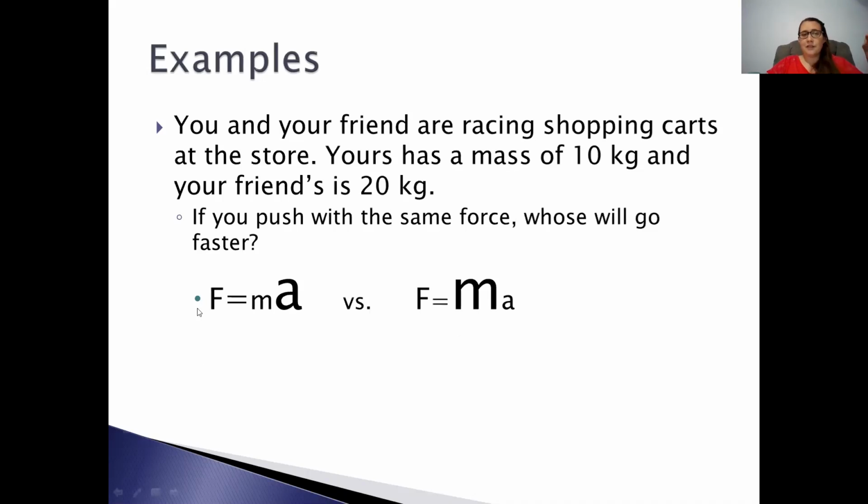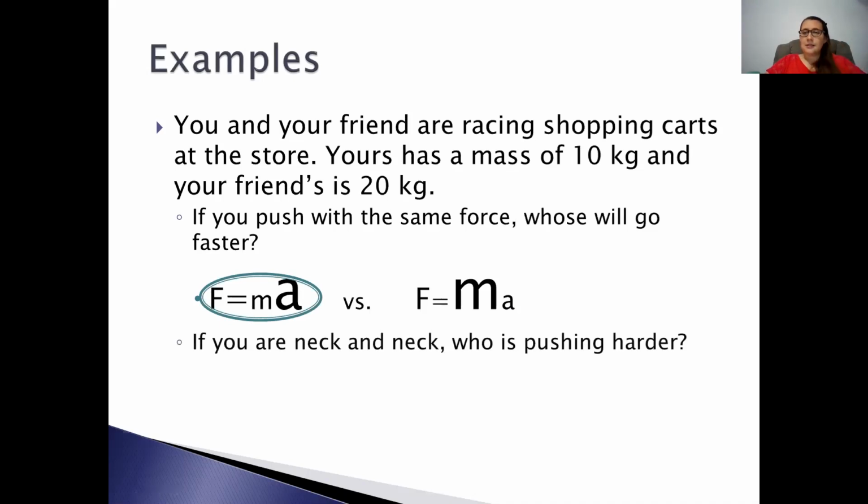In order to have the same force, one of the carts is going to have a much bigger acceleration, right? A small times a big equals a medium, and a small times a big equals a medium. So the cart with the less mass is going to have a higher acceleration in order to equal the same force.